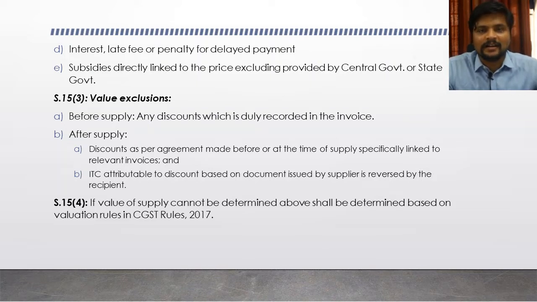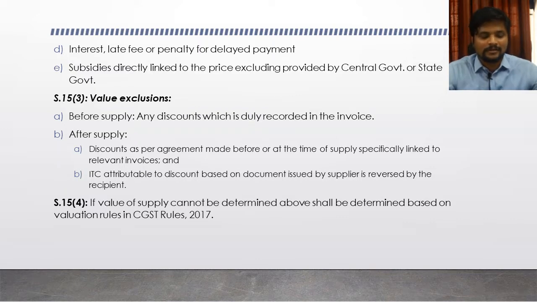Item number 5, any subsidies that is directly linked to the price. Clear? Any subsidies that is directly linked to the price has to be included in the value. In this inclusion, there is one exclusion. That exclusion is that if that particular subsidy is provided by any central government or state government, then that amount will not be included.